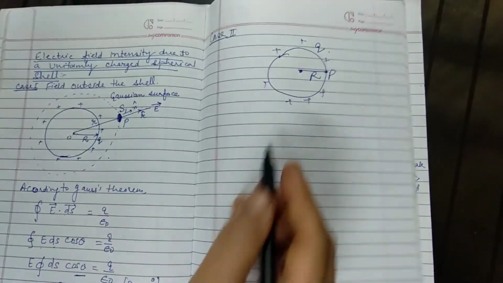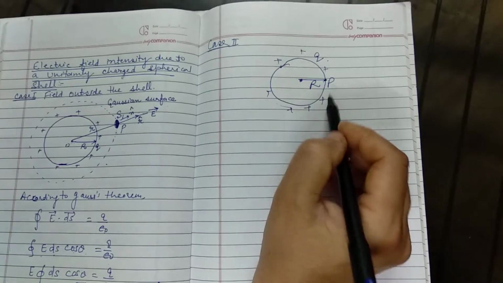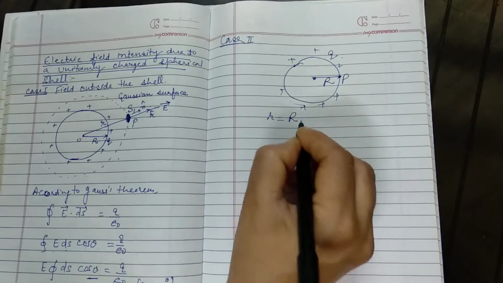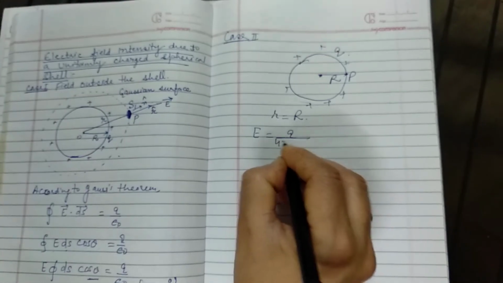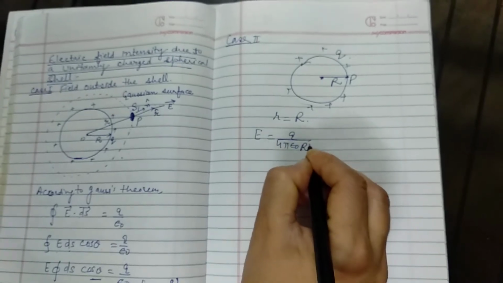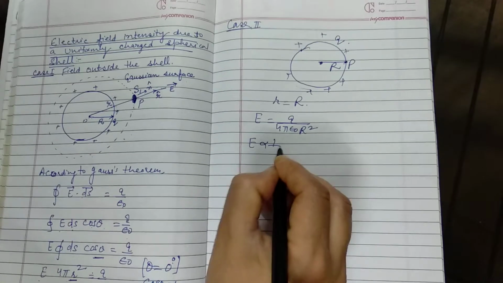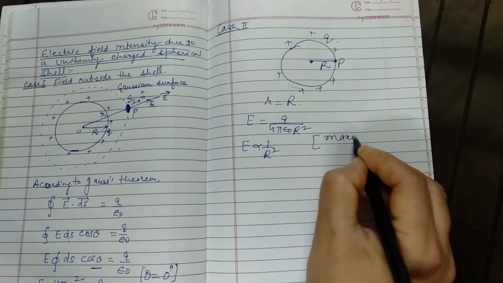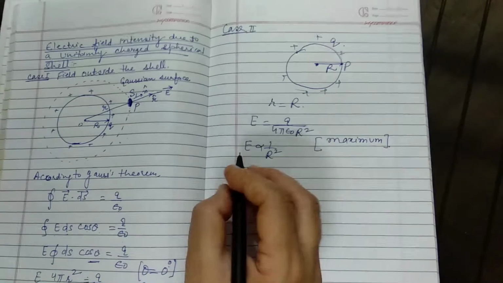It means this small r is equal to capital R, or E is equal to Q by 4 pi epsilon naught capital R square. It means E is inversely proportional to R square, and this is the maximum value of electric field intensity over the surface.